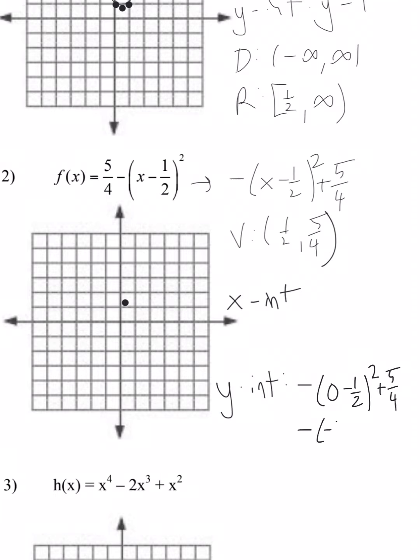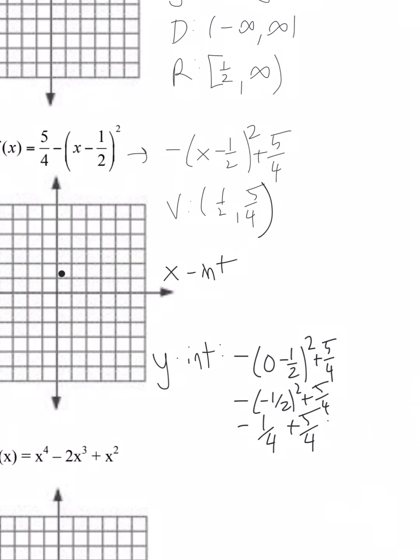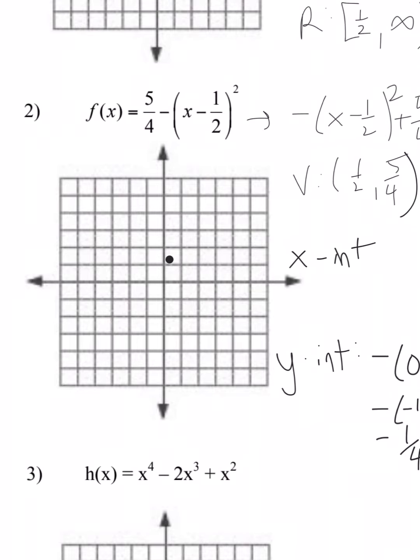So I end up with negative 1/2 squared plus 5/4, like that. And 1/2 squared is 1/4, but with the negative in front, it's negative 1/4 plus positive 5/4, meaning that we get a value of 4/4. So my y-intercept is at 1.